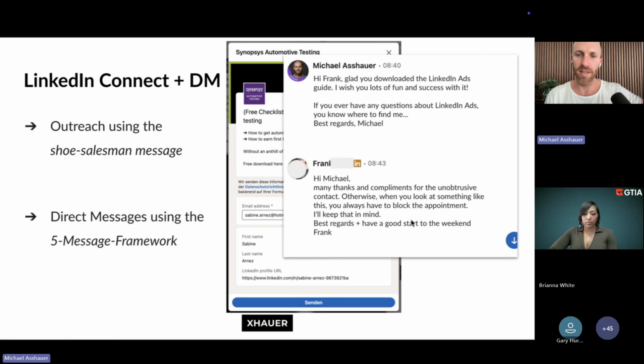I'll keep that in mind. Best regards. And this is now for me the kickoff to go into the 5 messaging framework. And then the likelihood increases a lot to get into a sales call way earlier. So go and try that out with the leads that you generated. It's really a nice additional lever to pull.